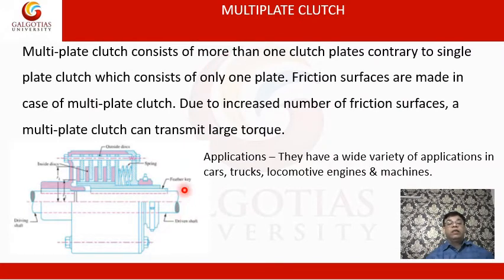In the previous video you have seen the working and construction of the multi-plate clutch. A multi-plate clutch consists of more than one clutch plate, opposite to the single plate clutch which consists of only one plate. So naturally the friction surfaces are more in the multi-plate clutch. Due to the increased number of friction surfaces, the multi-plate clutch has the capacity to transmit more torque.